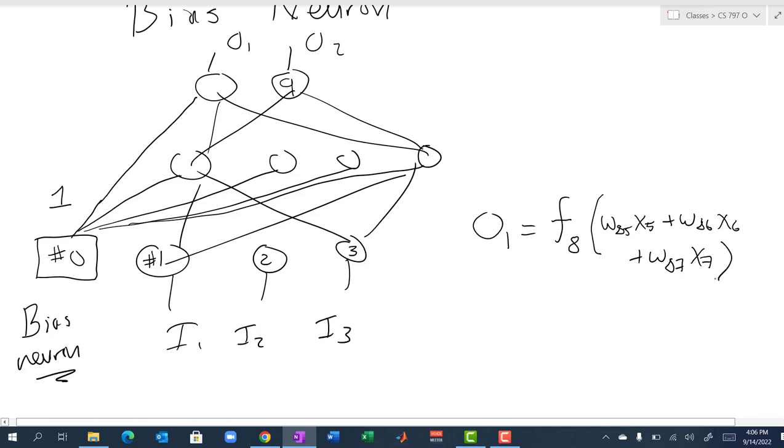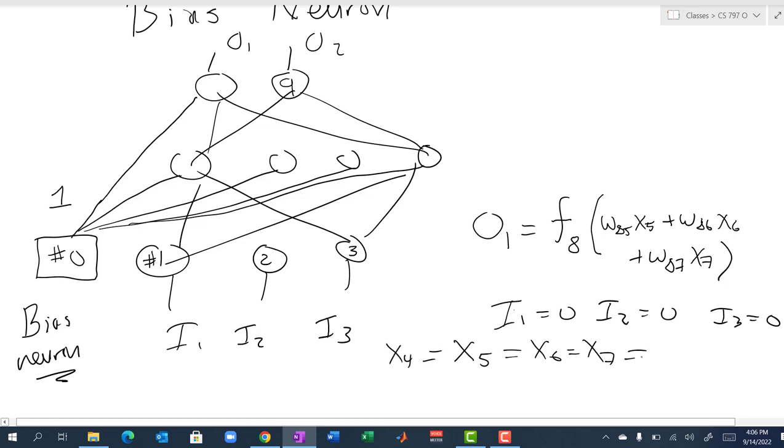So we have the sum of the weighted inputs going into neuron number 8. If for some reason I1 is 0 and I2 is 0 and I3 is 0, then all of the x's, x5, x6, x7, even x4, those are all going to be 0.